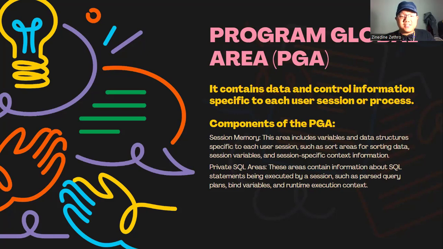The first one is session memory, which includes variables and data structures specific to each user session, such as sort areas for sorting data, session variables, and session-specific context information. And then we have private SQL areas, which contain information about SQL statements being executed by a session, such as parsed query plans, bind variables, and runtime execution context.